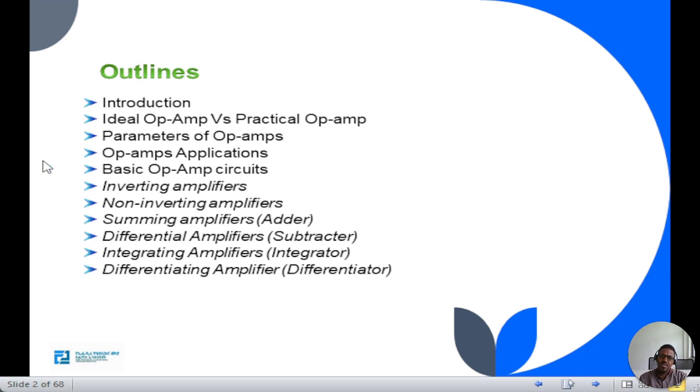So we will see all about the op-amp from the introduction up to the application of op-amps.